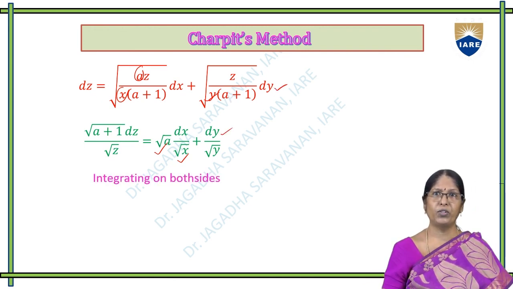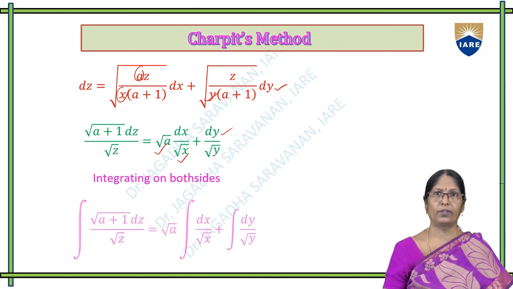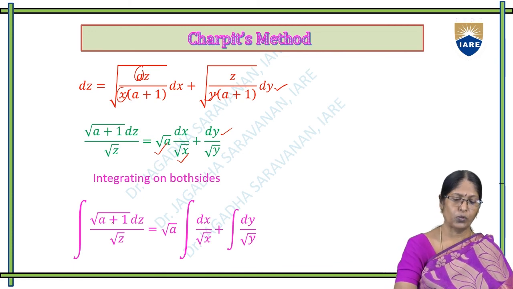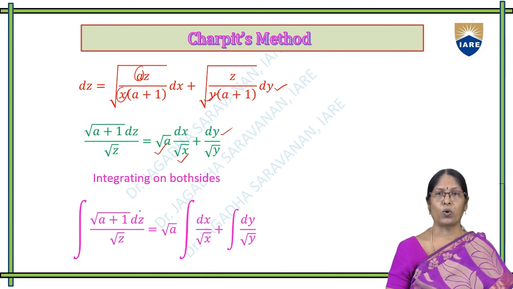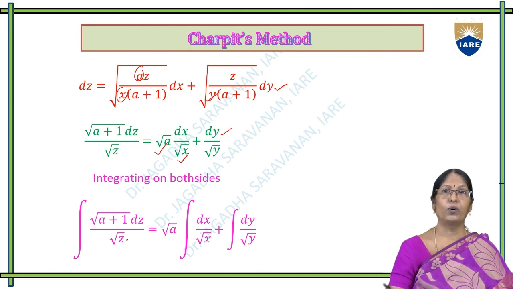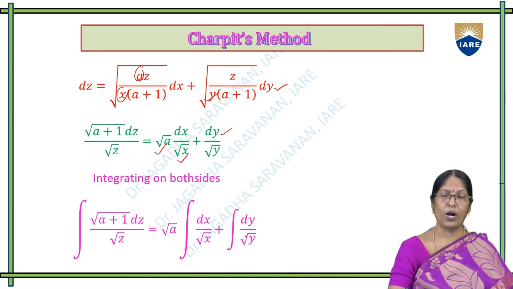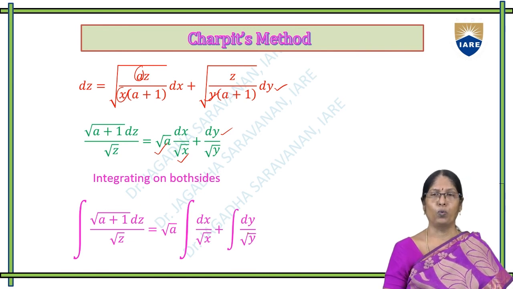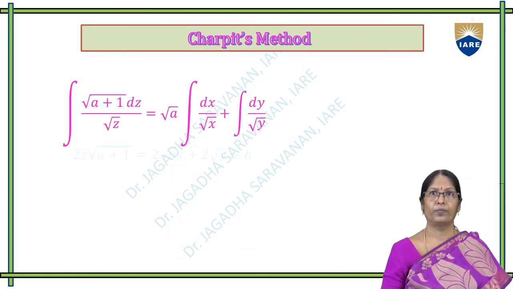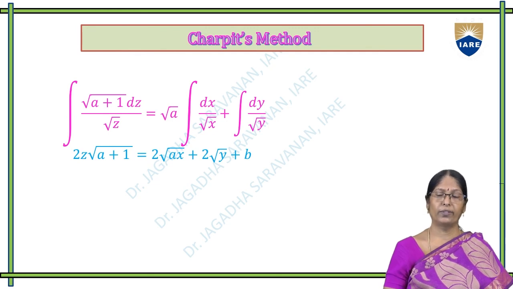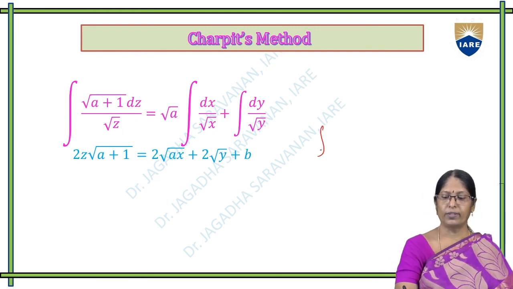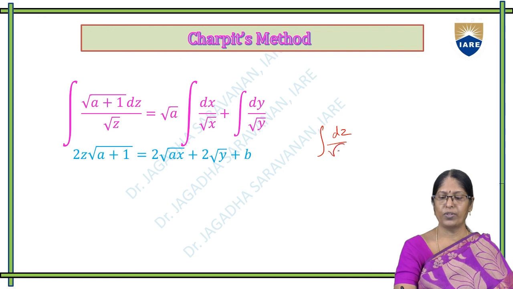We have to do the integration on both the sides. So square root of a plus 1, that is a constant, dz by root z equal to root a divided by dx by root x plus dy divided by root y. The integration is very simple, that is dz by root z.